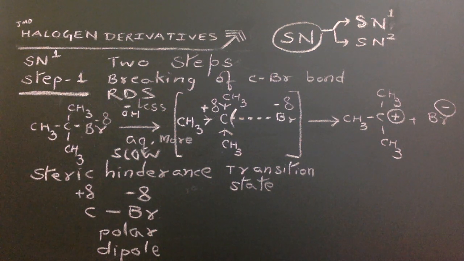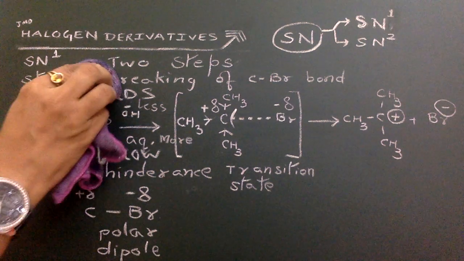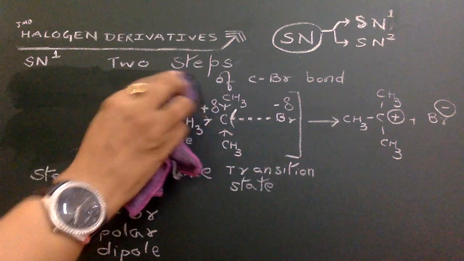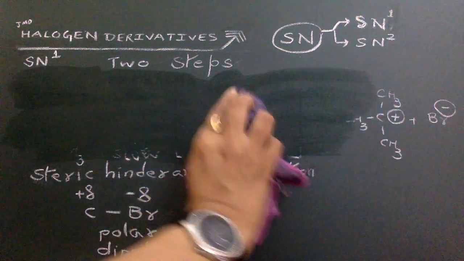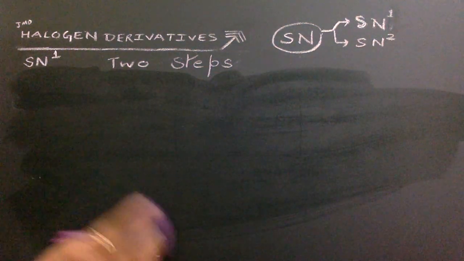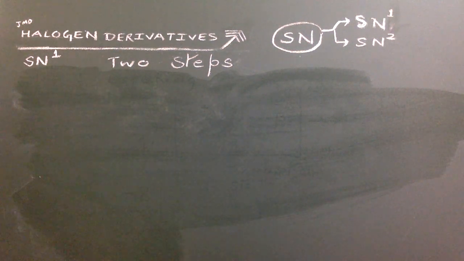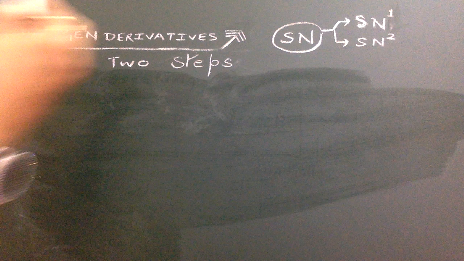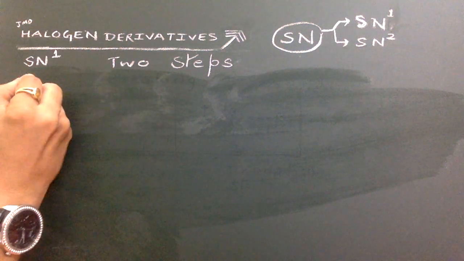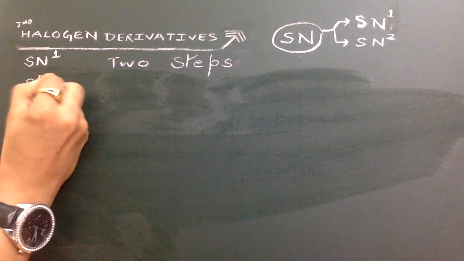Now children, we go to the next step, that is step 2. As we know, SN1 reaction takes place in 2 steps, of which we are done with step 1. So we now move to the second step.